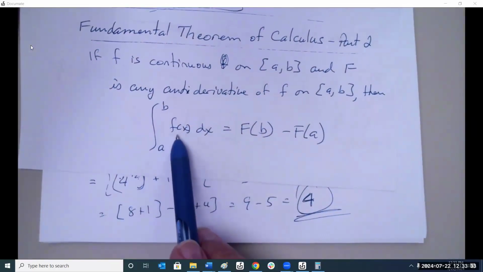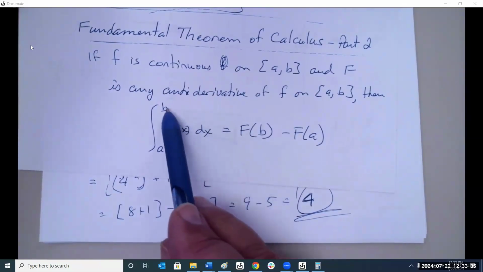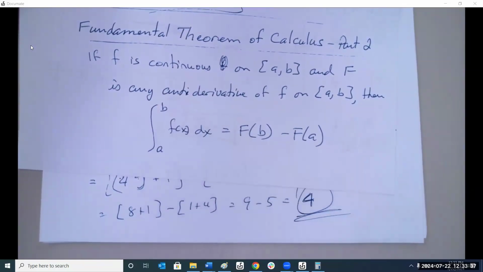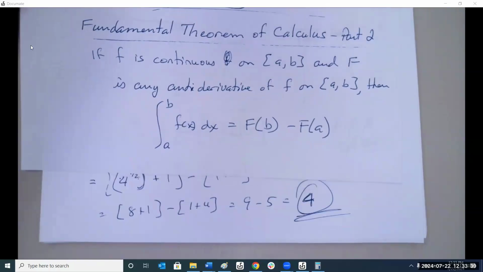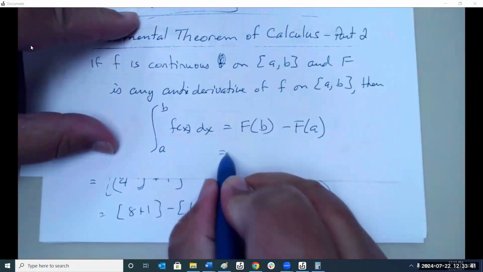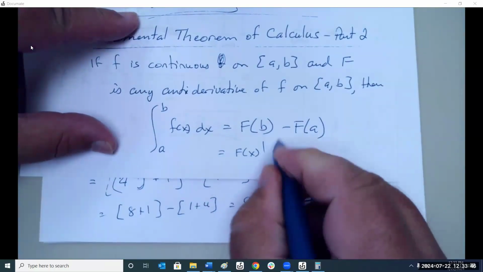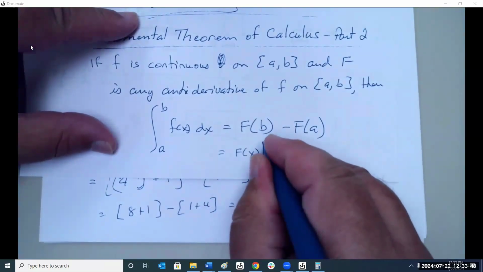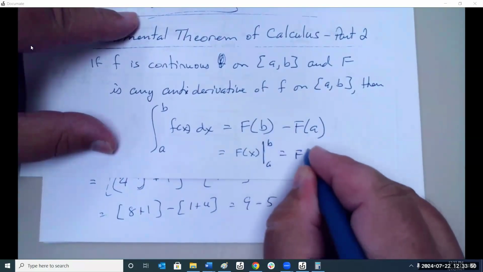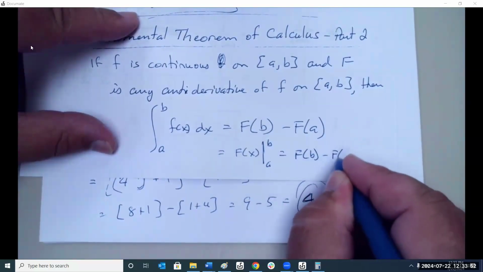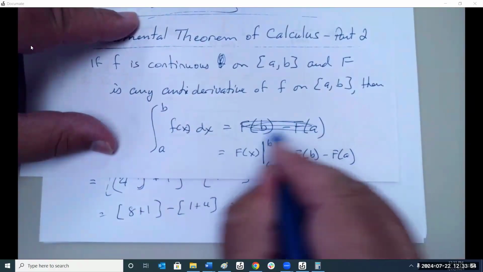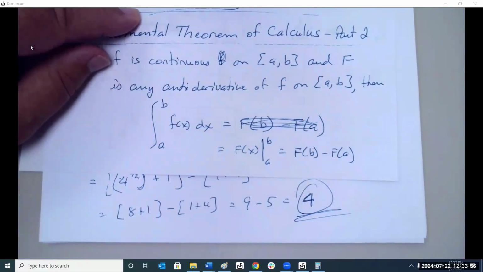Once you take the integral of f of x, we get F, then it's F of b minus F of a. Actually, I should have put something between there. It should have been F of x from a to b equals this. That's the way it works.